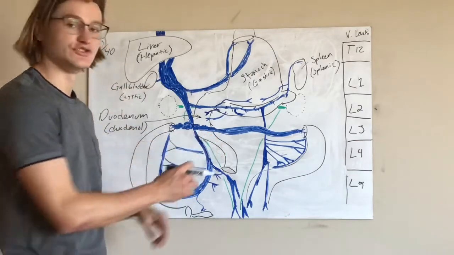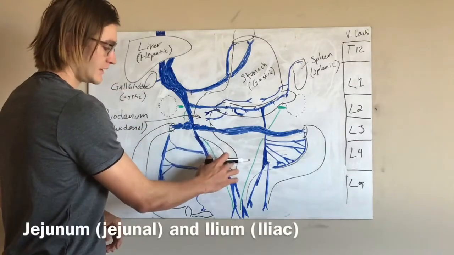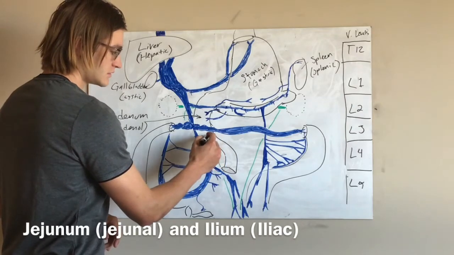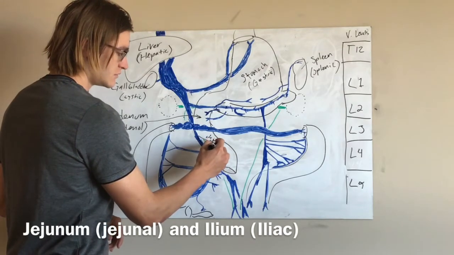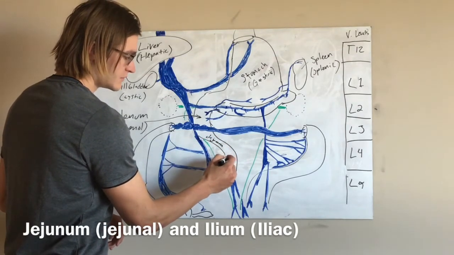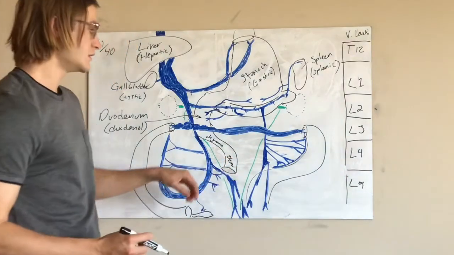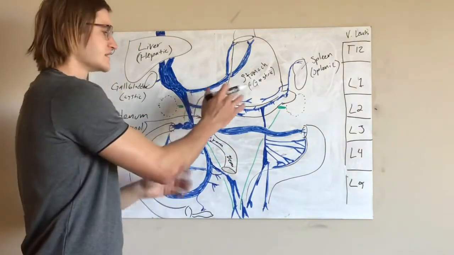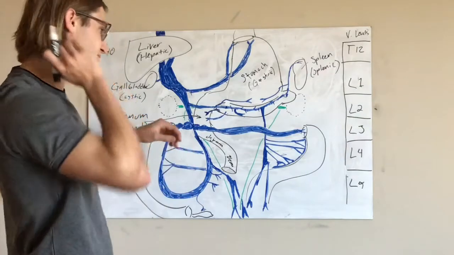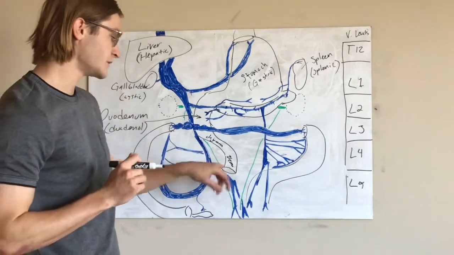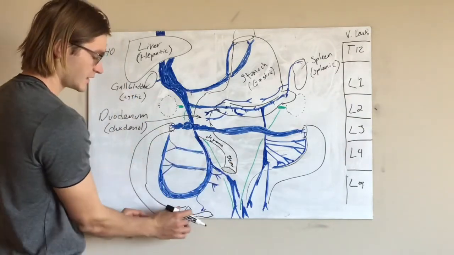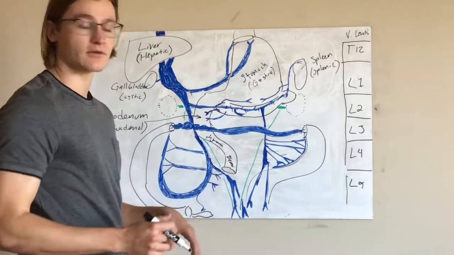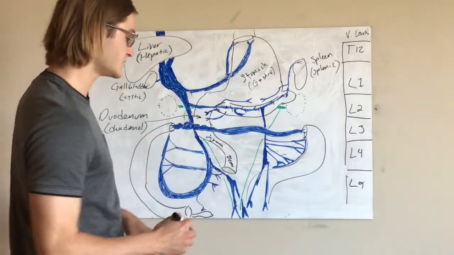We're going to have the jejunum, the ileum. I'm sorry, I said large intestine. This is all part of the small intestine. So duodenum, jejunum, ileum. This is connected in here. I'm only separating it out so you can see the veins.